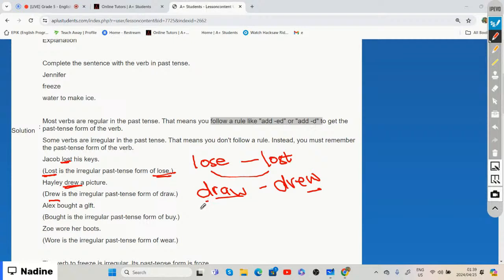All right. So the same with draw, right? We said the past tense irregular is drew.